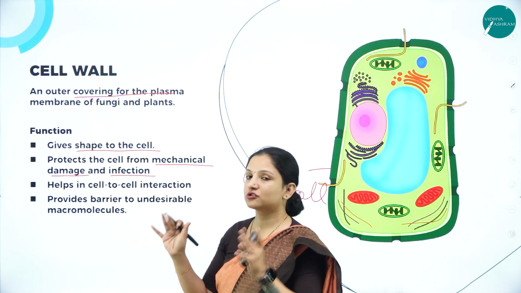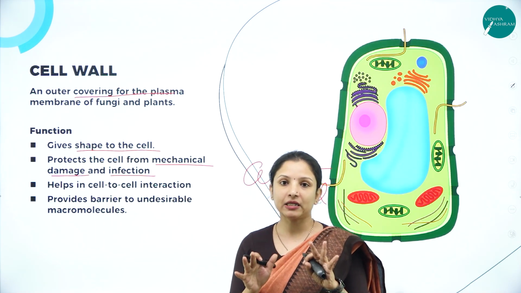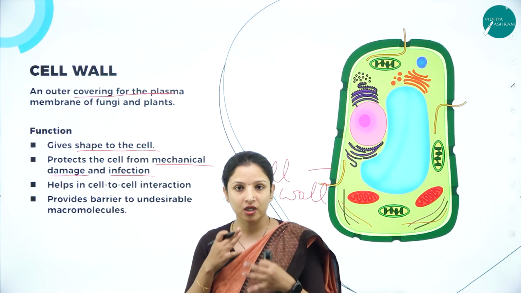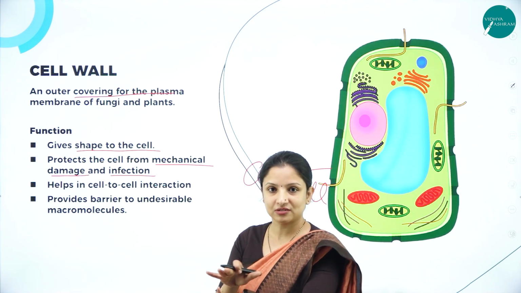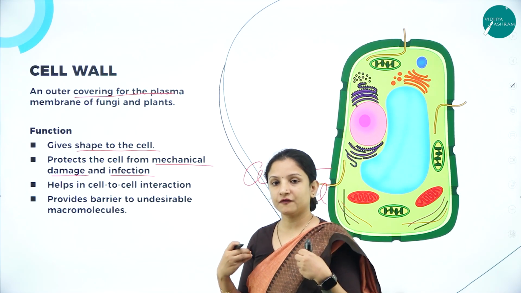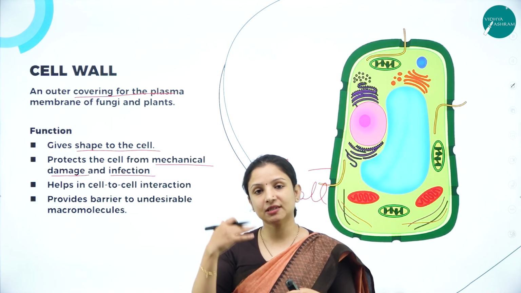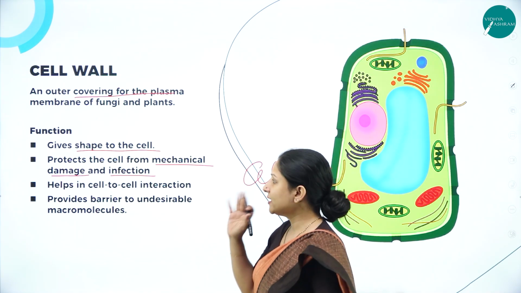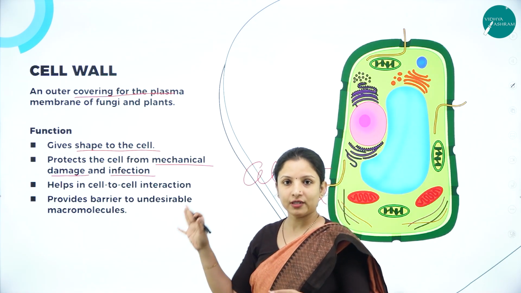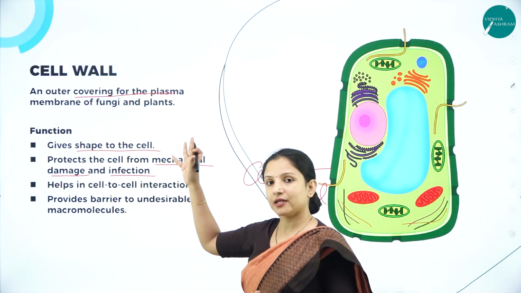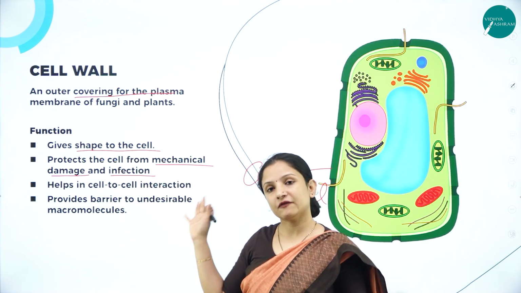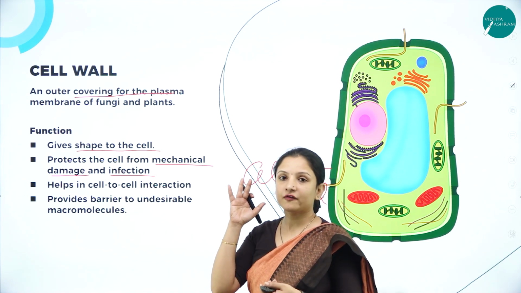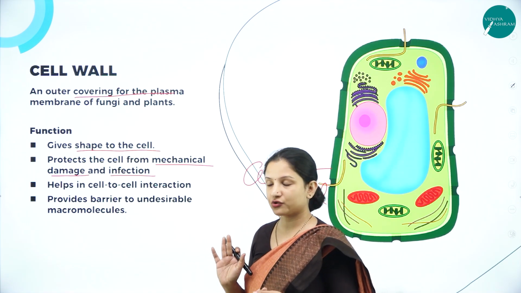Therefore, the main function is to protect the cell from mechanical damage, like how in our body we have the outermost covering, that is the epidermis or the skin, right, which protects our body from infectious substances and mechanical damage. Same way, the cell wall in the case of plants and fungi protects that particular organism from mechanical damage and from the entry of various pathogens into the cell.